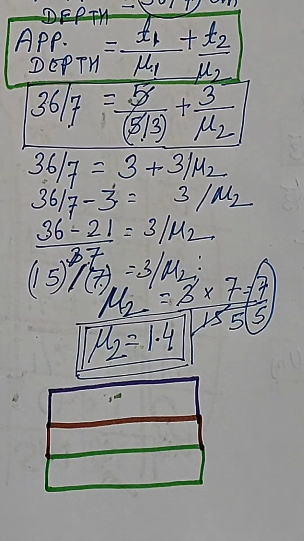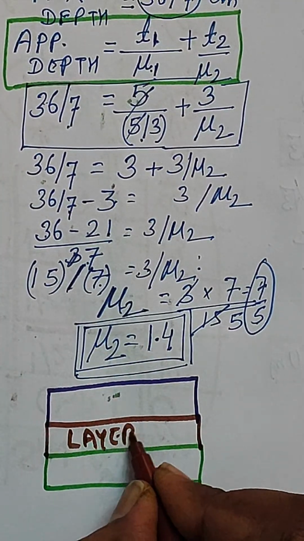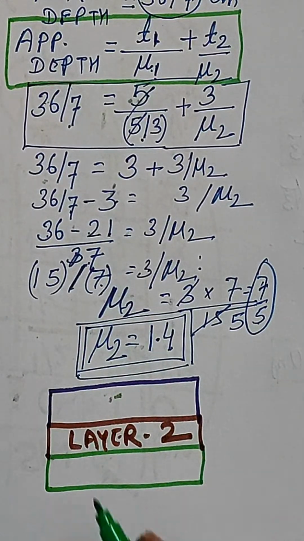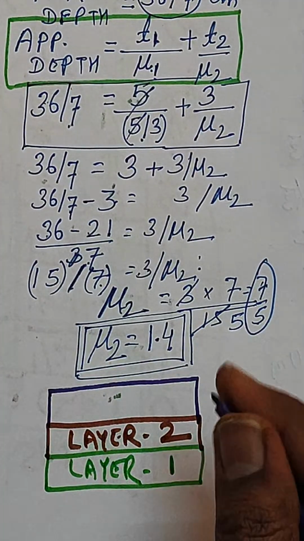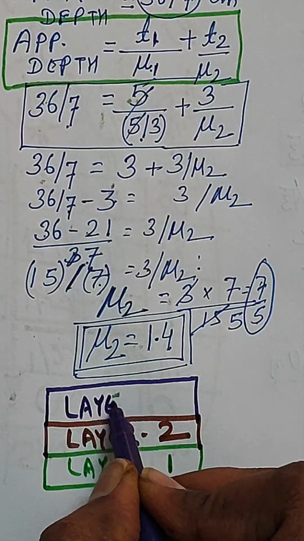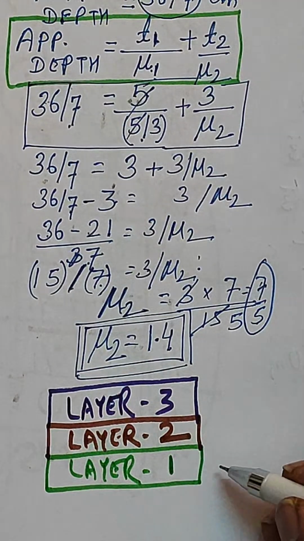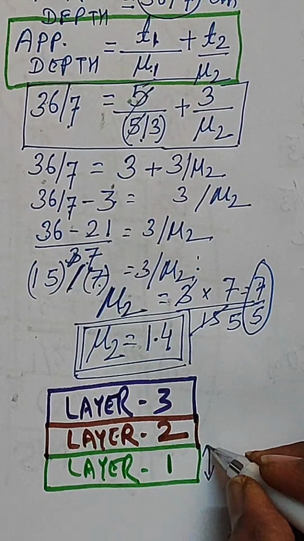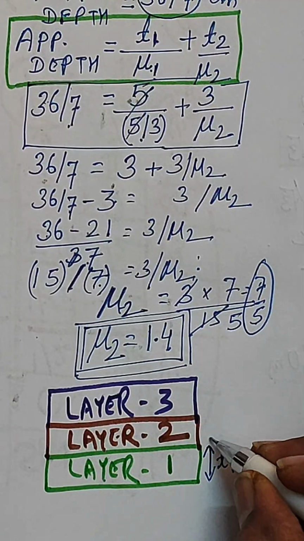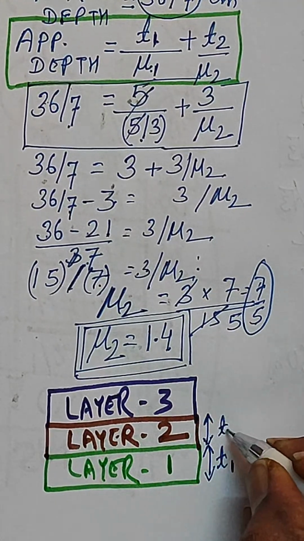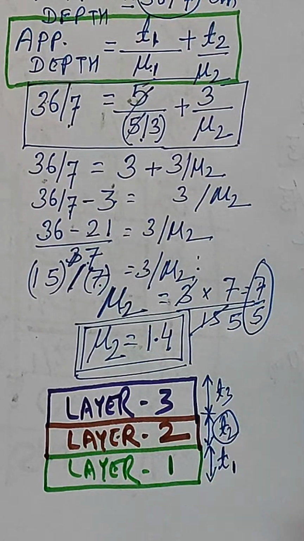So if I say this is layer 2, this is layer 1, and on the top is layer 3, and the thickness of these layers is T1, that means the layer thickness, this is T1, this will be T2, and above that, layer 3 is having the thickness of T3, right?